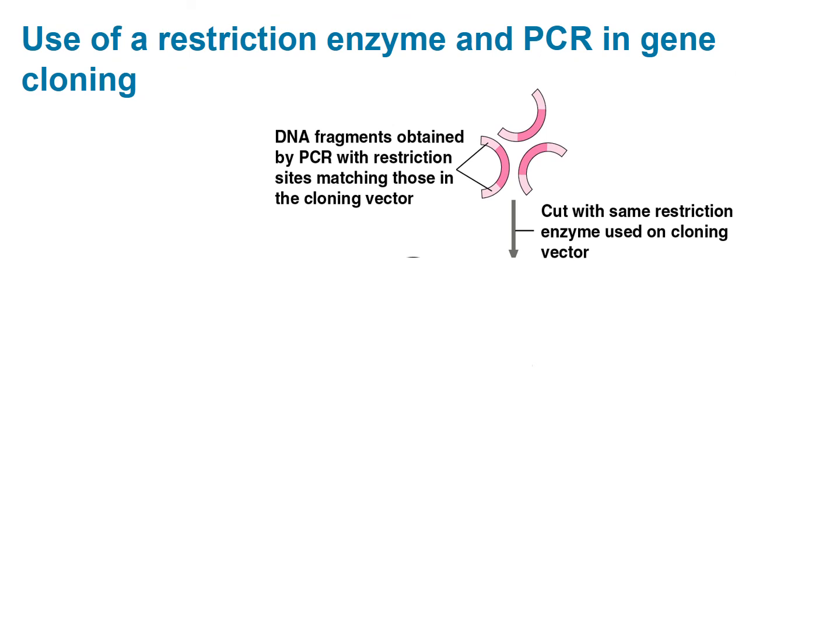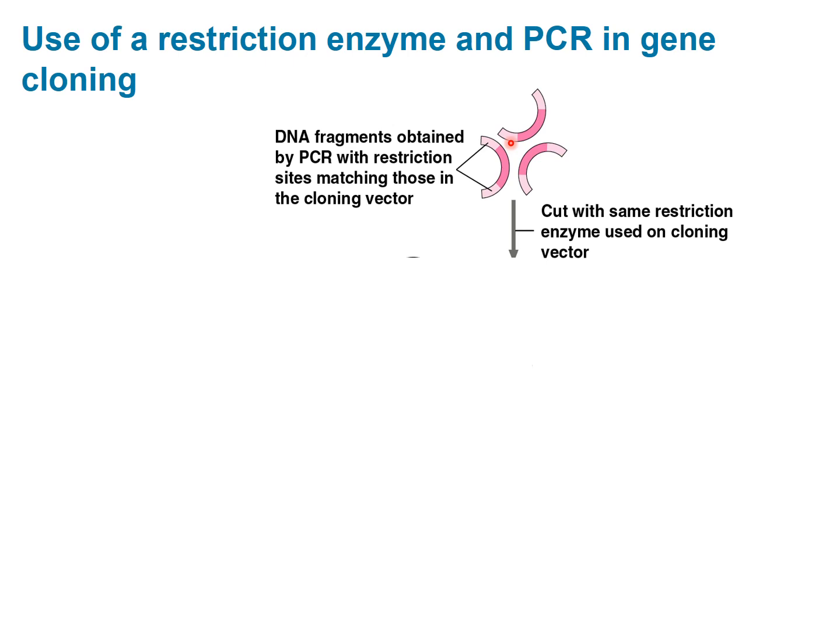Let's look at this process a little bit more in detail. So here we have DNA fragments that are obtained by PCR, and they're colored pinkish. I guess you have dark regions and lighter regions. The dark region is going to be the main part of the gene. The lighter region is going to be where the primers were, which have the restriction sites attached.